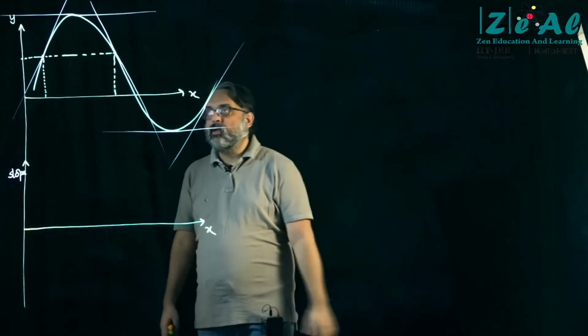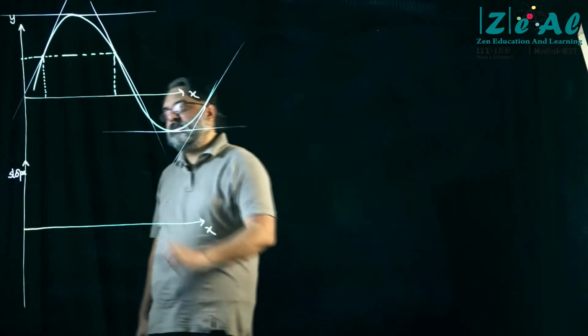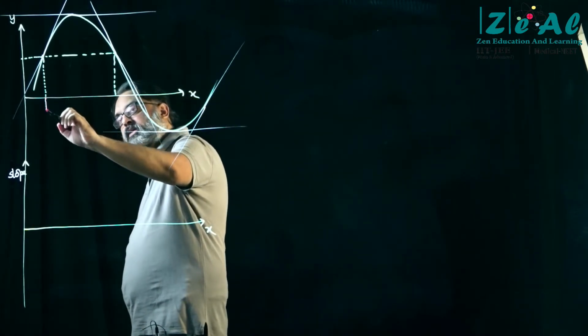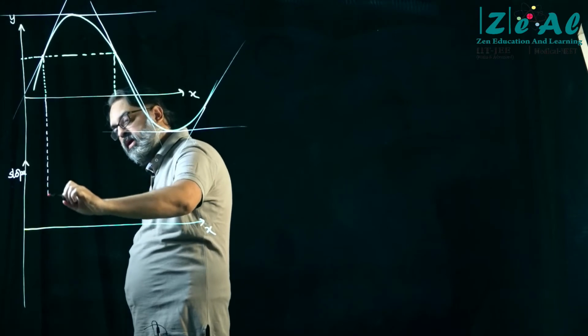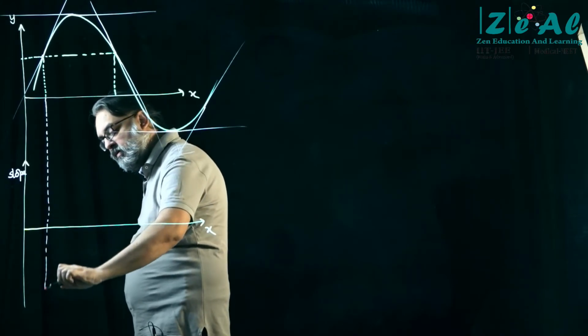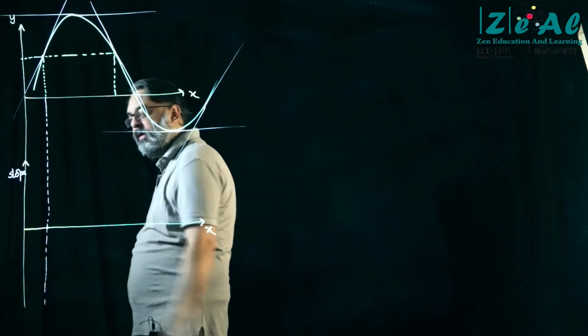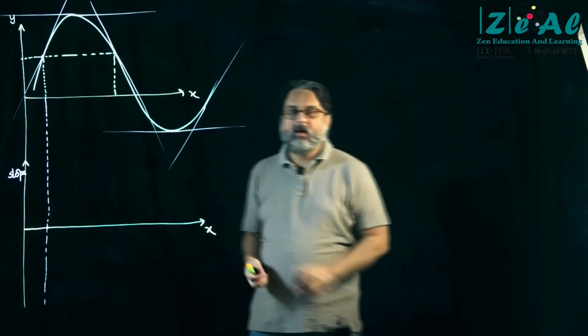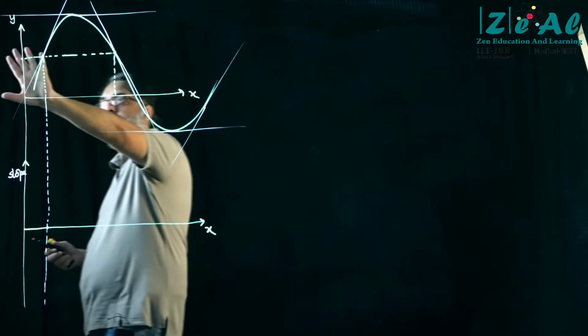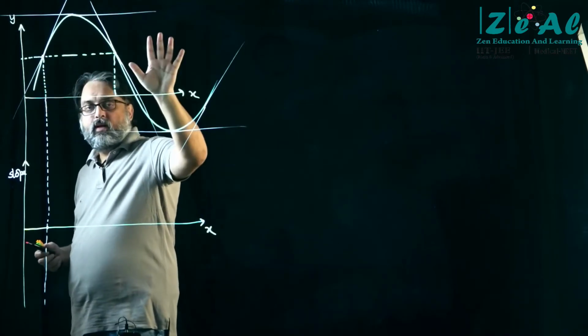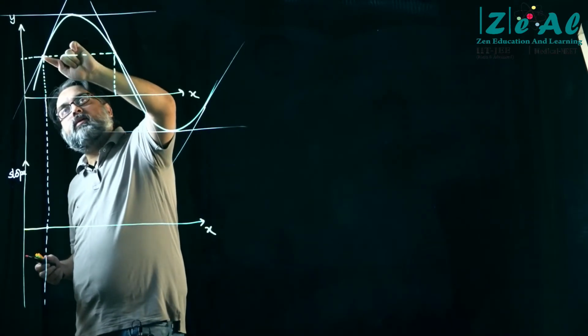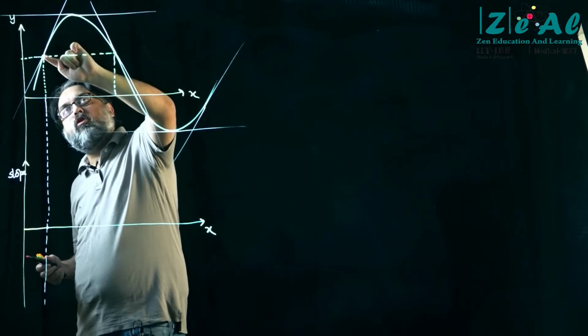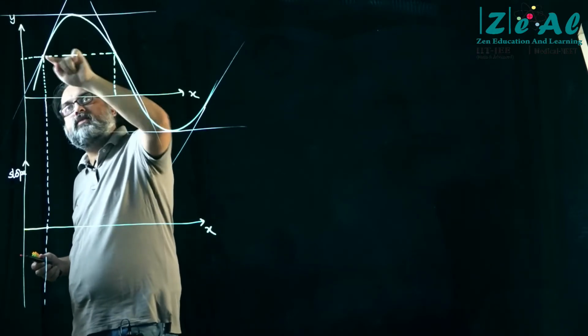What does this mean? Well, it means that at this x coordinate, I am not going to write down the value of y corresponding to that x because I have already done that here. I am going to write down the value of the slope of the graph at this point.